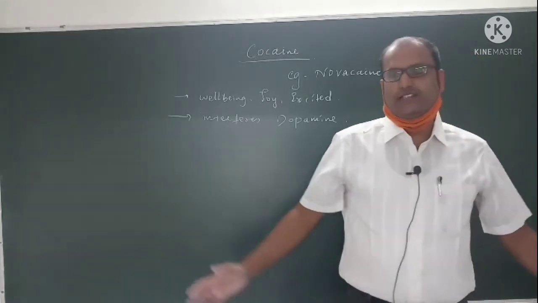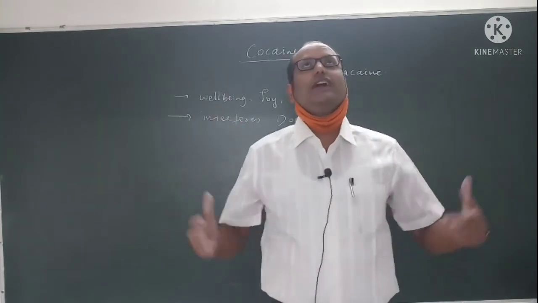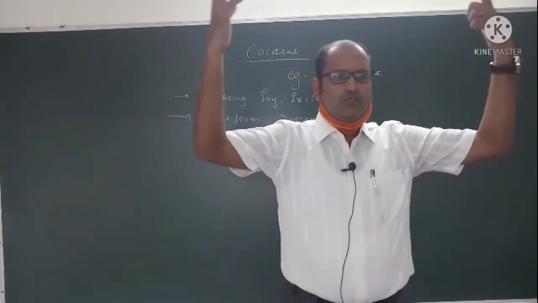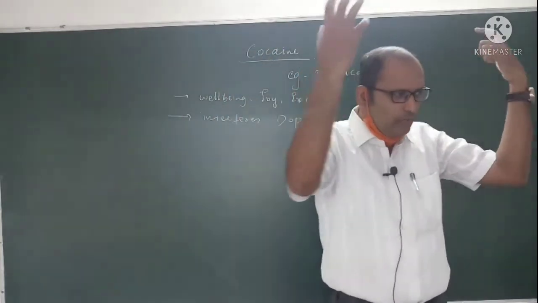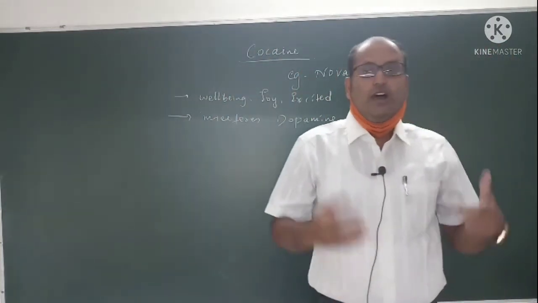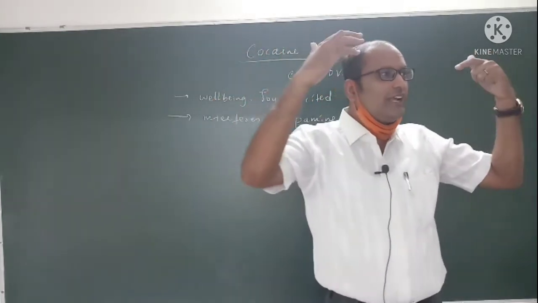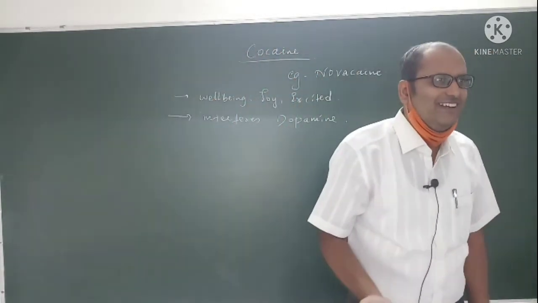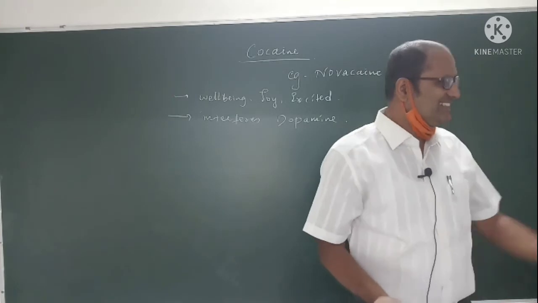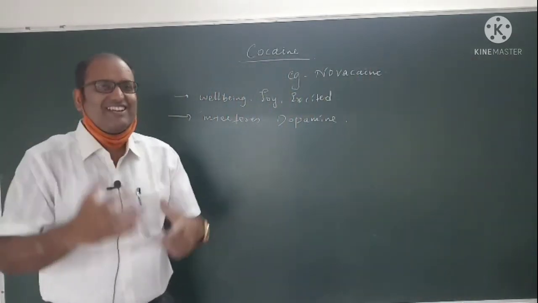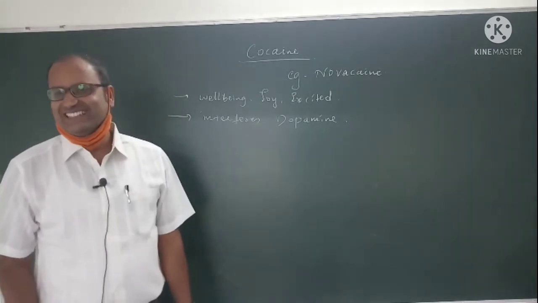Once I close my eyes, so many thoughts come to my mind. Today I should not go out of the room, somebody will kidnap me. See, that is a negative feeling.